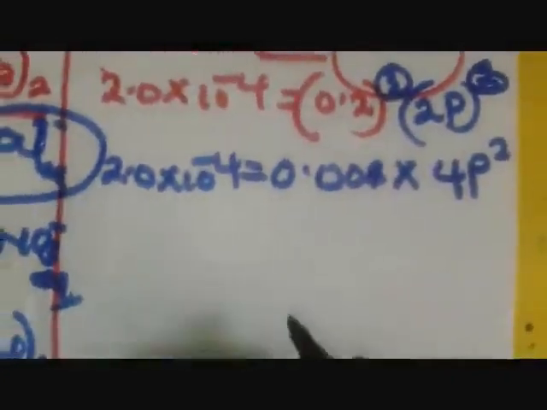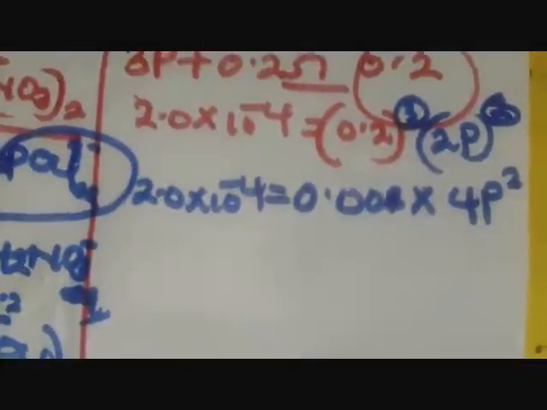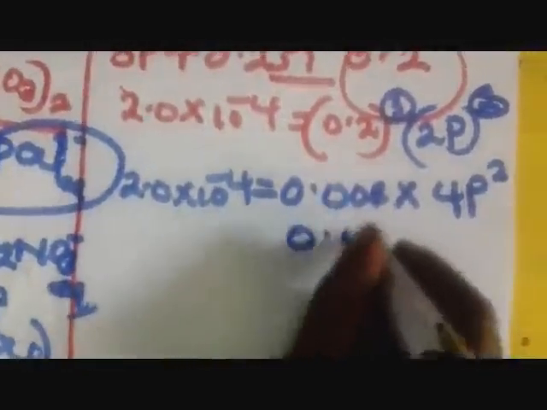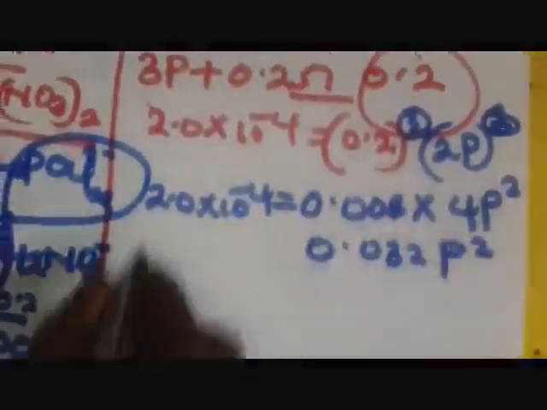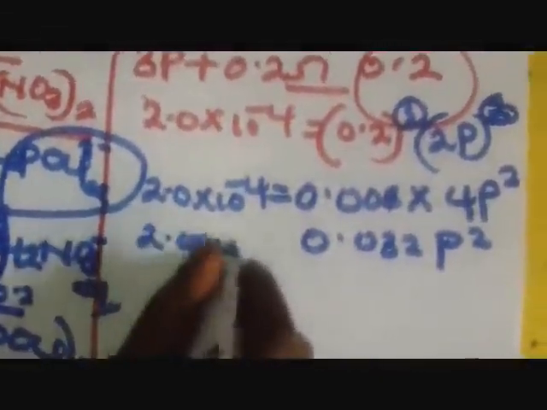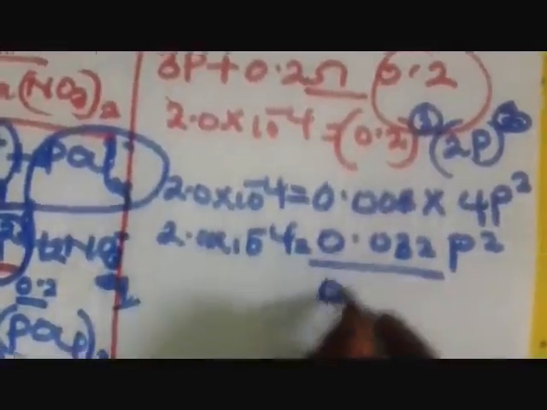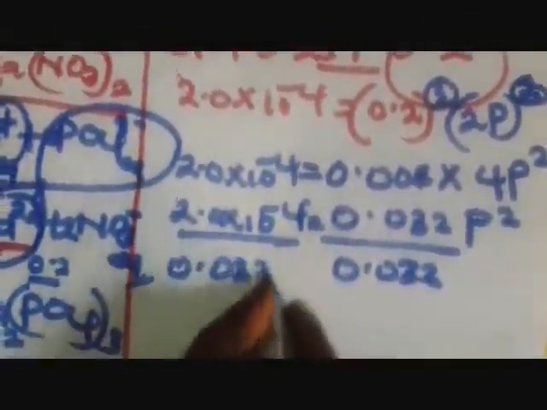Then to simplify the work, let us first multiply 0.008 times 4, and this is giving us 0.032p squared. Then here we have 2.0 times 10 to the power negative 4. We are going to just divide by 0.032 on both sides so that we remove these numerically.